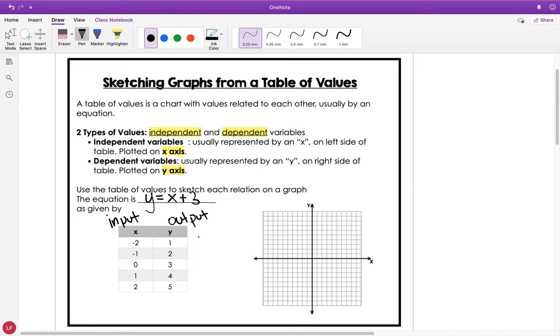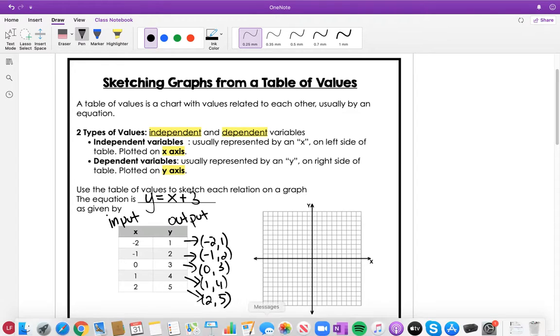To make the coordinates, you simply just go like this. -2, or the input, or x, always goes first, and then 1, or y, goes second. So just by simply converting them to coordinates like this, we have ourselves 5 dots.